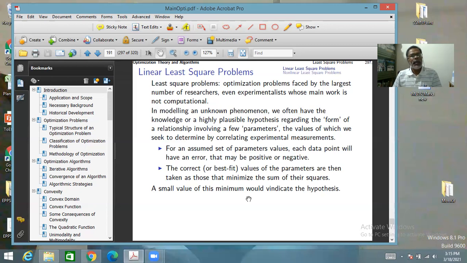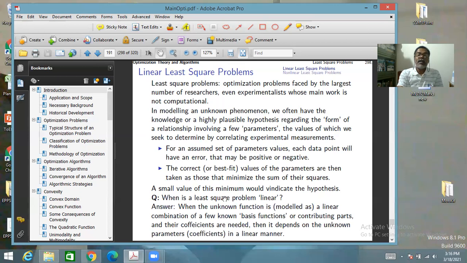Some error will always remain if the data is realistic, not manufactured. So then the biggest advantage for the experimental scientist is that it vindicates her hypothesis. Now she knows that the form of the function which she decided upon is correct. So this minimization is the least square problem.